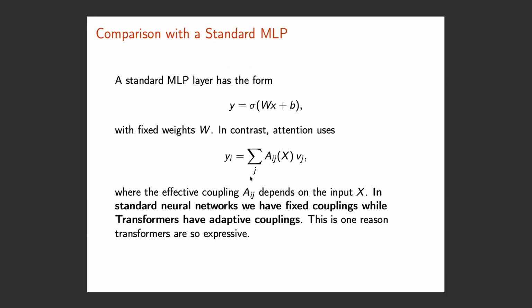So in a certain sense, the transformer is still a nonlinear object, but you can look at it as a way to encode an effective coupling between different nodes. And that's why they are more expressive.